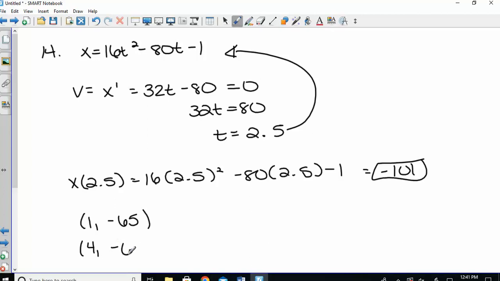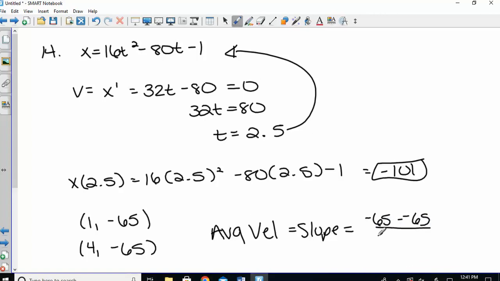Negative 65. Average velocity is just slope between 2 points. So y sub 2 minus y sub 1 over x sub 2 minus x sub 1. We get 0 over 3, which is 0 for the average velocity.